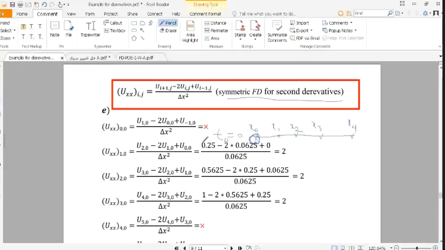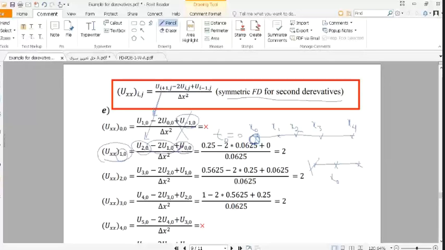We go to the next point, and we must compute uxx at 1 and 0. Based on this formula, you should write u2,0 minus 2 u1,0 plus u0,0 over delta x2. We have the values of u at these 3 points.